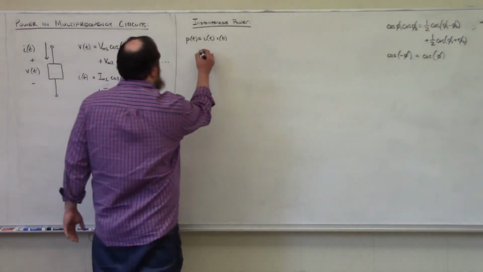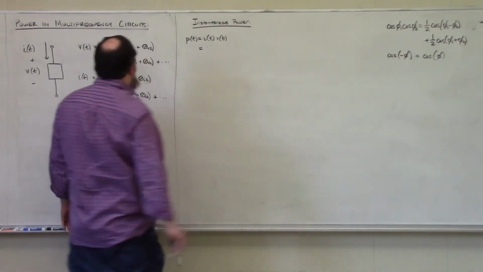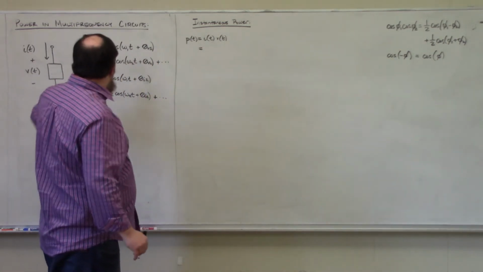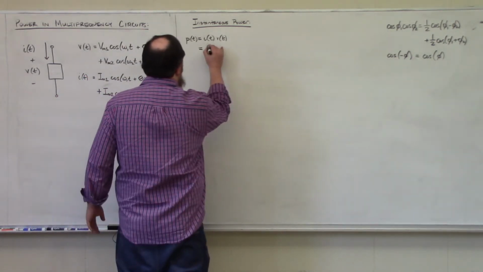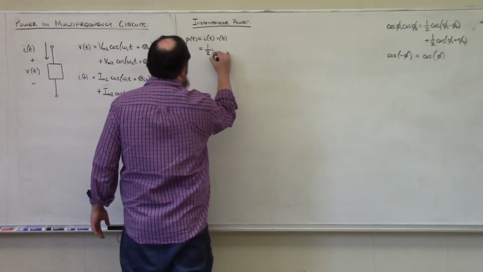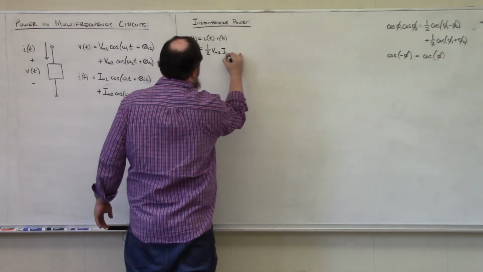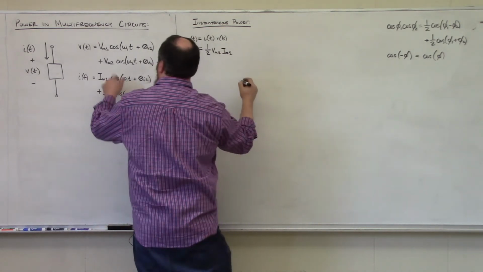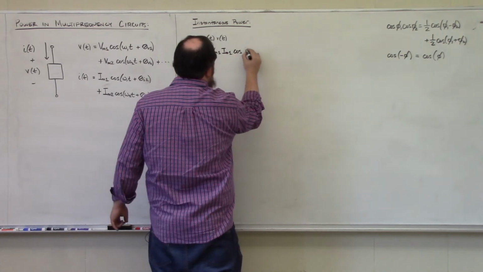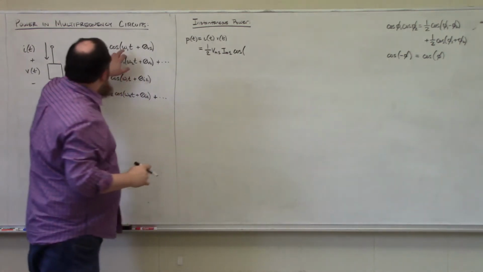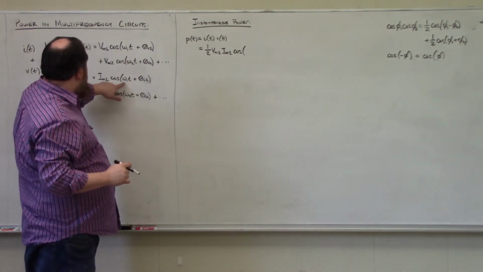All right, so applying that first trig identity, we can see that we are going to have 1/2 Vm1 Im1 cosine. And so we're going to take this angle and subtract this angle from it.